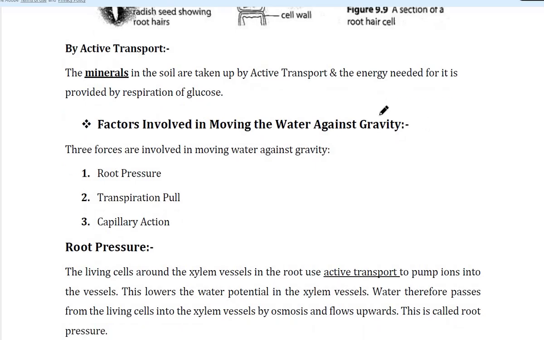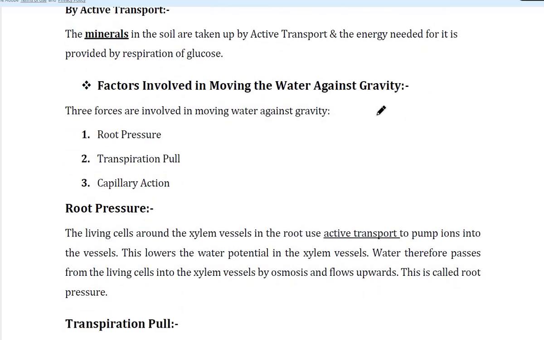Now what are the factors involved in moving the water against gravity? Dear students, imagine a plant that is 100 feet tall or 150 feet tall. How is water going to be transported from the soil 100 feet up, 150 feet up, 200 feet up? The plant requires a very strong force to move against gravity.